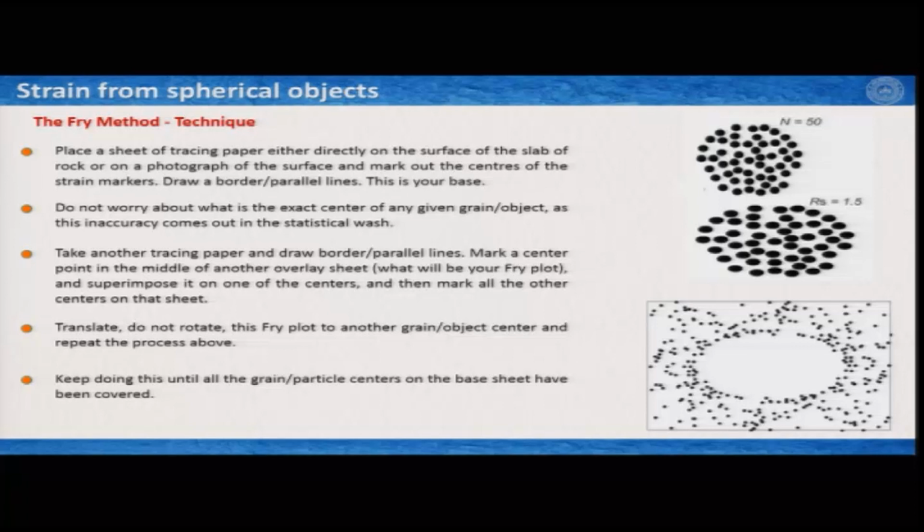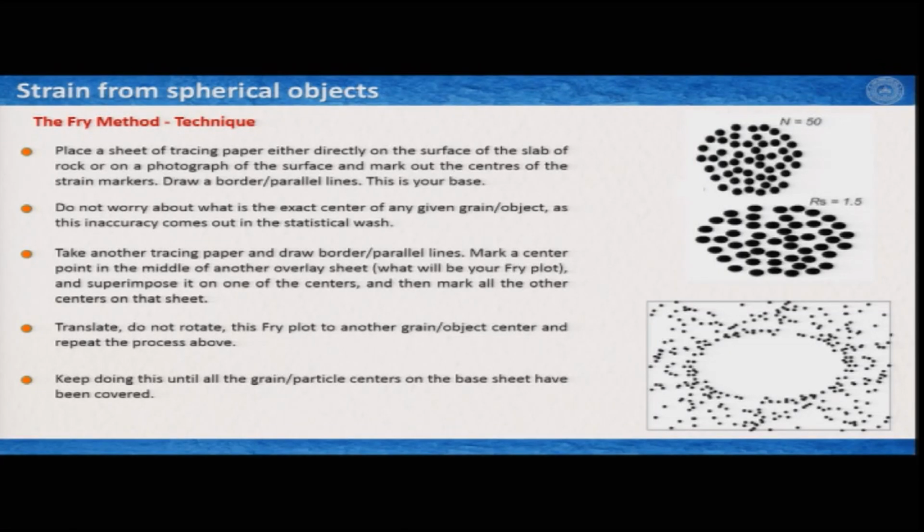You can get deformed conglomerates, oolites or voids in thin sections, and many other features like reduction spots. You can also use stretched or deformed grains. So, you can take an image and do the Frye analysis for measuring the strain.